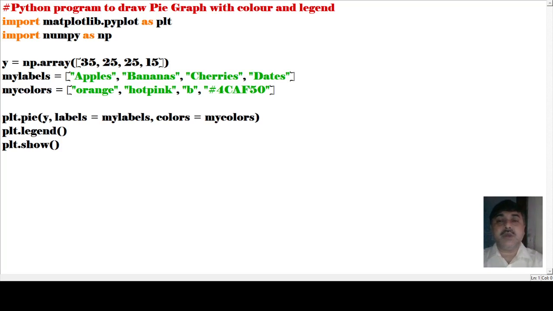So this is what you see, some of the changes in this program that we have done. What is the program that we have run? First we have import matplotlib.pyplot as plt.